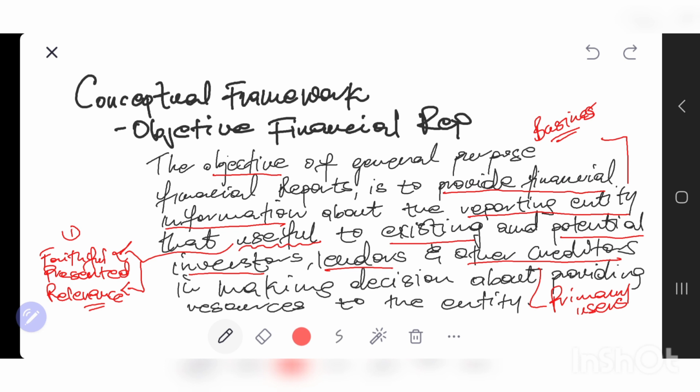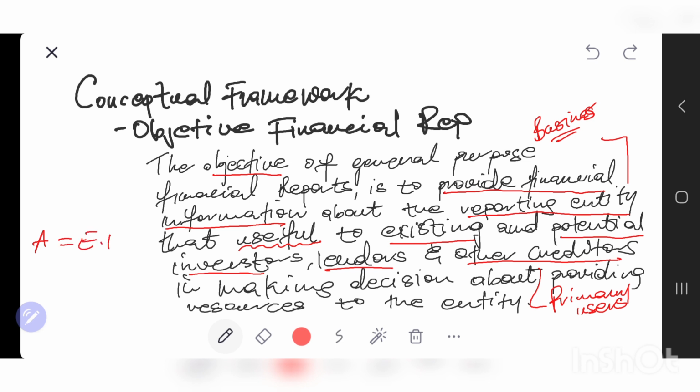So there's a concept in accounting called the accounting equation, and we are still going to do the accounting equation. It's saying that assets are equal to equity plus the liabilities.